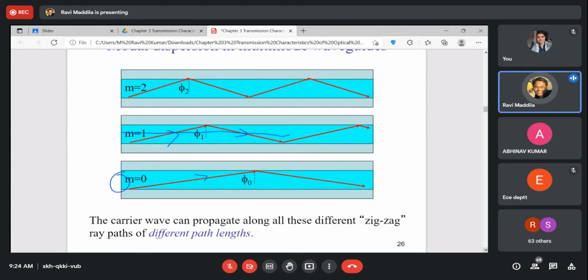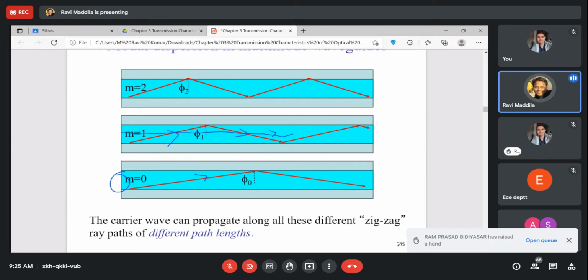Of course, if you consider an optical signal which propagates along the axis of the fiber, that would be the shortest path. Fine. So as the number of total internal reflections increases, the path length of these modes increases.